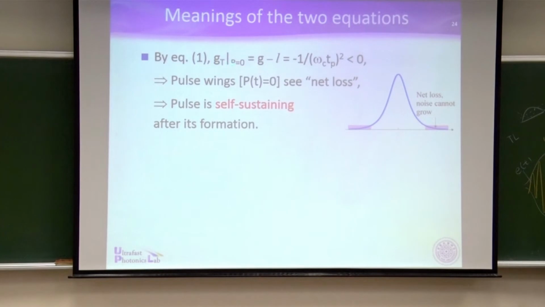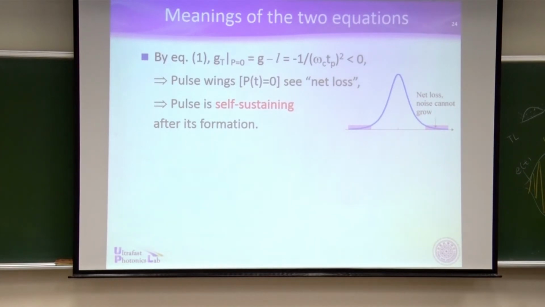Net gain, G sub t, when the laser power is 0, should be G minus L, right? G is the constant gain. L is the total linear loss. Okay, but our total loss is not a constant loss, but a loss with some self-amplitude modulation term.